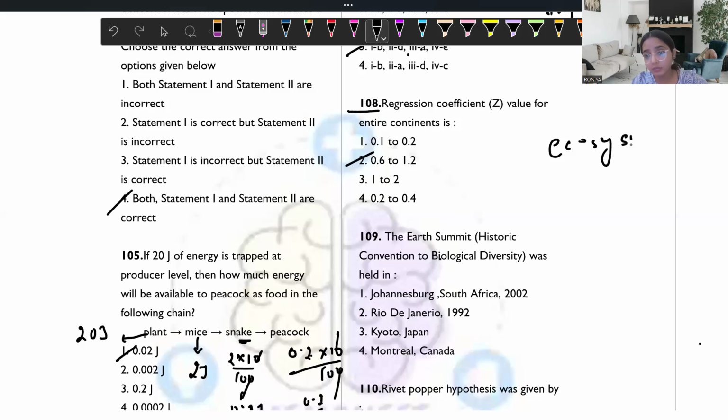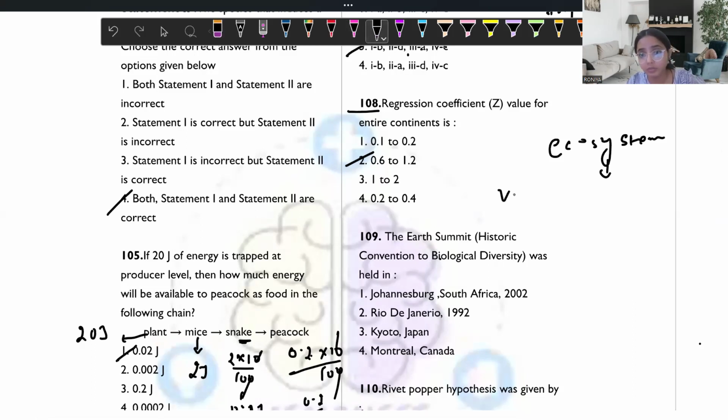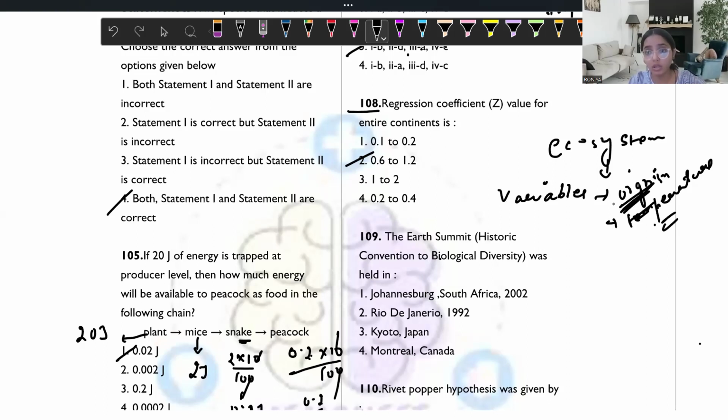It has ecological factors, ecological variables, like, let's suppose, organism and temperature. Now we want to determine the relationship between this organism of this ecosystem and temperature of this ecosystem.